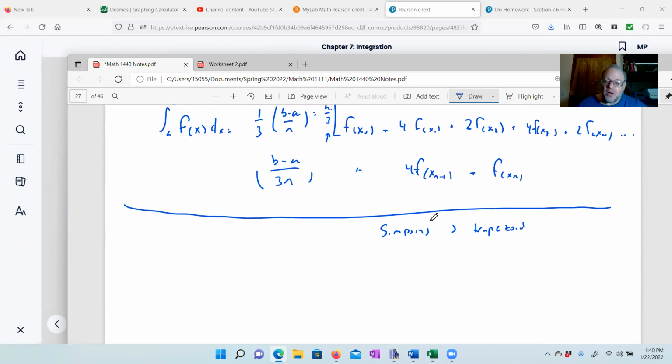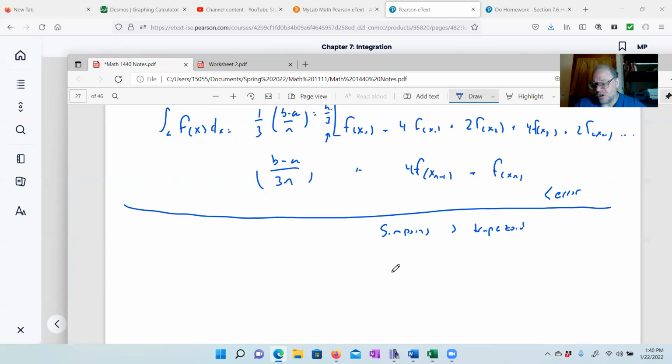One of the problems they're going to give you in your homework is they're going to give you multiple iterations of this to see how many iterations you need, how many little n's do you need in order to come up with a maximum amount of error that you're going to be allowed to have. When we do it with textbook stuff, you're going to know what the actual value is.